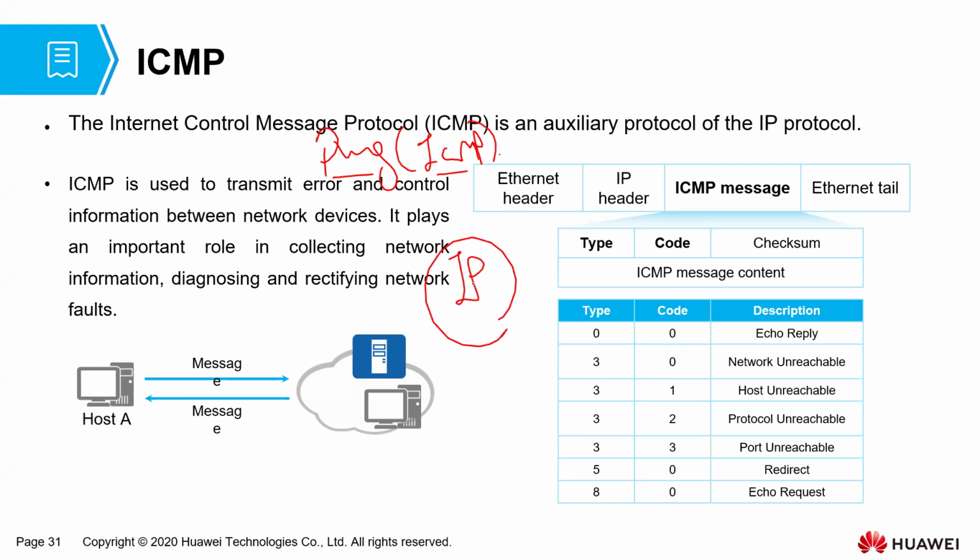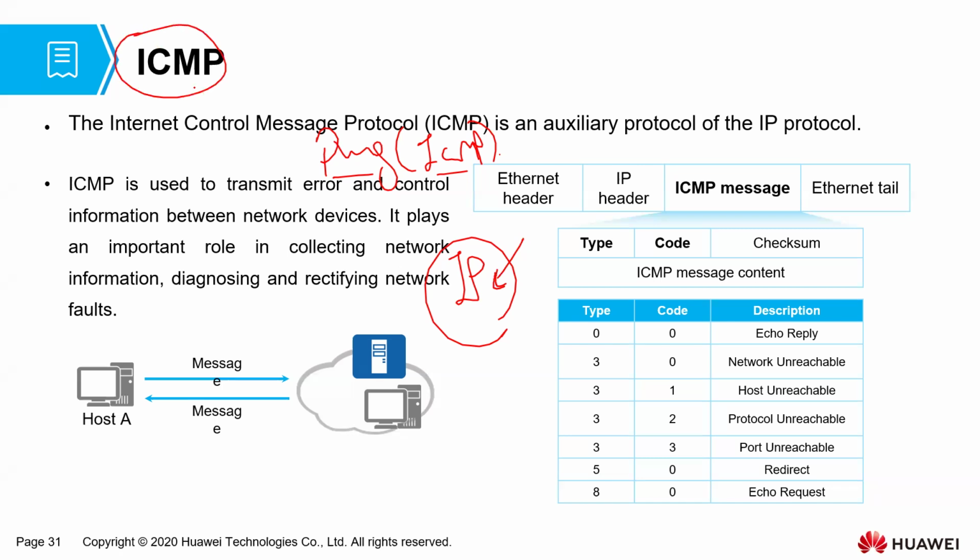That's not very good in a network. If you are sending information, you need to know whether there is connectivity between source and destination. So IP is designed as a best effort protocol because it needs to have less overhead. To help IP so that we can see whether there is connectivity, we use ICMP.